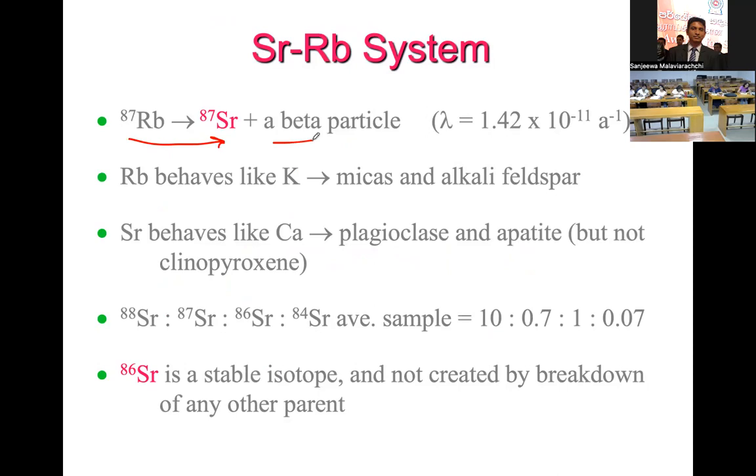Okay, so this is the equation. This is what is happening there, and the lambda has been calculated by experimental methods as this number. Okay, so you are given the lambda, the decay constant.